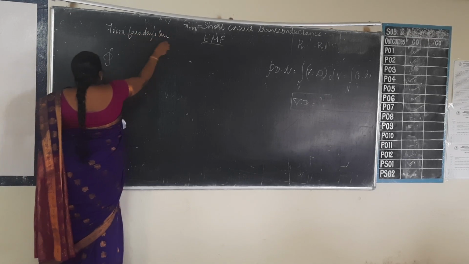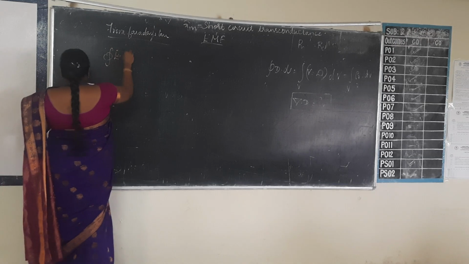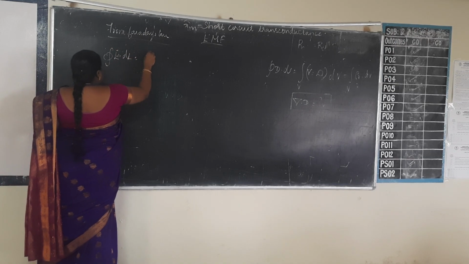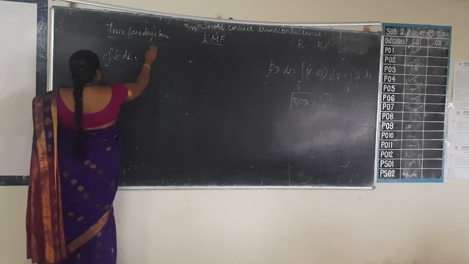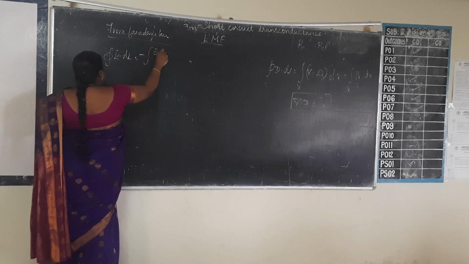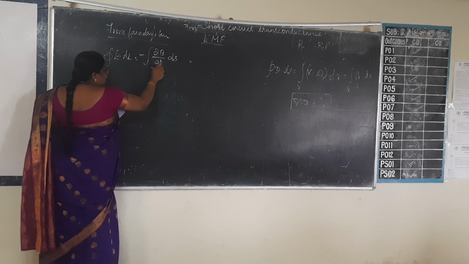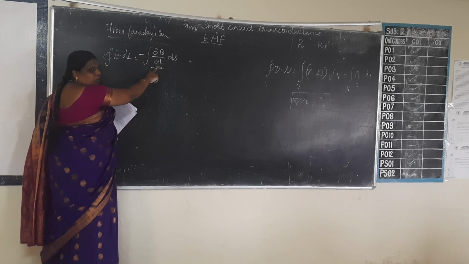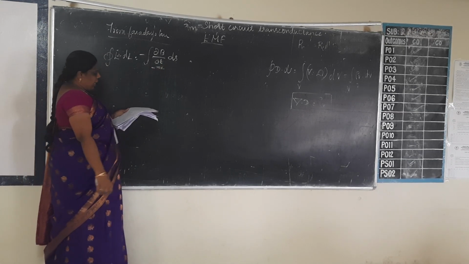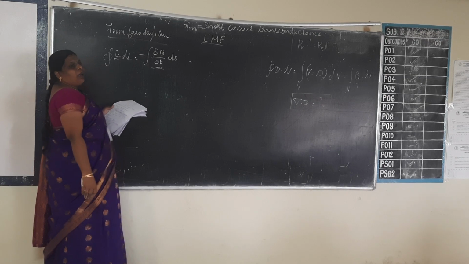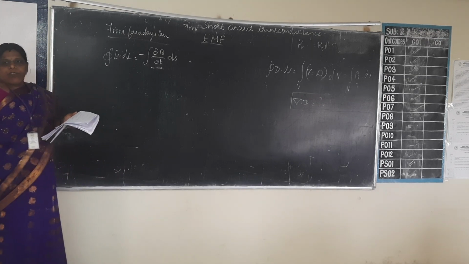We have the integral of E dot dl is equal to minus the integral of dou B by dou t dot ds, where dou t means time varying. This is the integral form from Faraday's law.